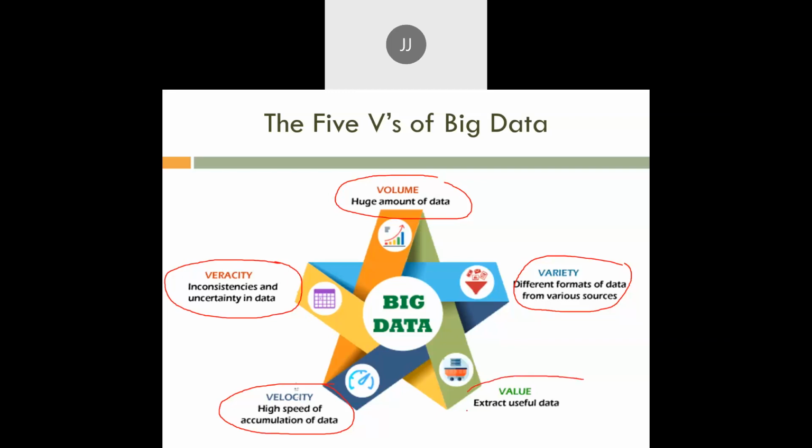We also have value. When we collect the data, we spend money, we spend time, we spend human resources. All of this will be a big cost to us. So all the data that we collect will incur high cost.